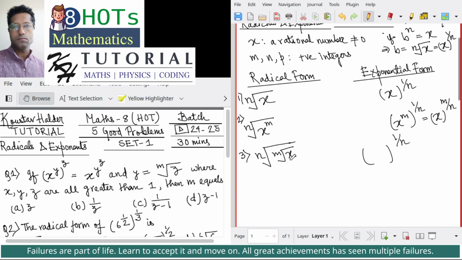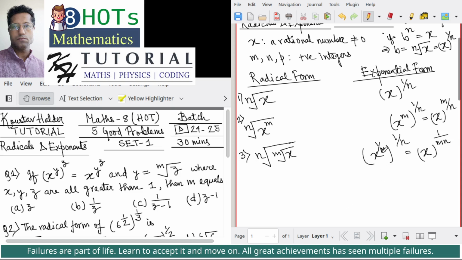Now what is that something? That something is inside, which is the mth root of x, which is x to the power 1 by m. So this becomes x to the power 1 by mn.